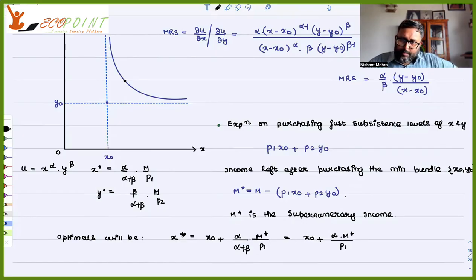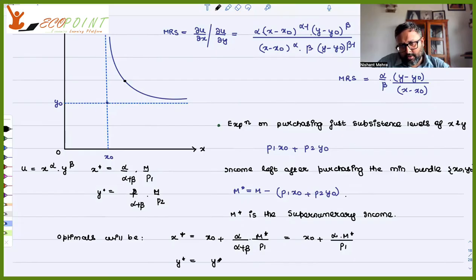That is, this is that part which is compulsory. And this is how I'm going to spend my remaining income. So I'll spend the remaining income the way I would. So I will just maximize my normal thing, and this income is just given to me the way I want to spend. So it is alpha upon alpha plus beta, M star upon P1.